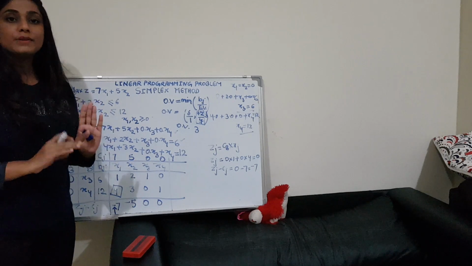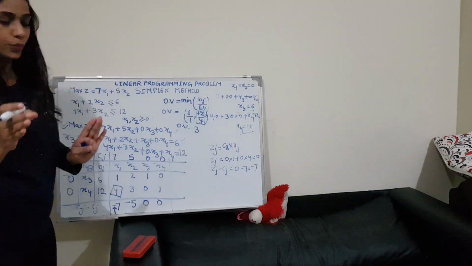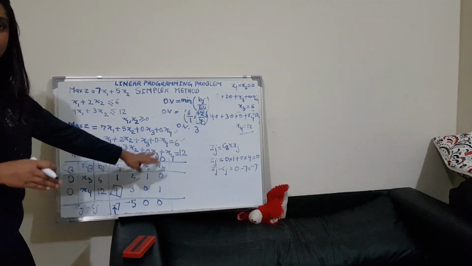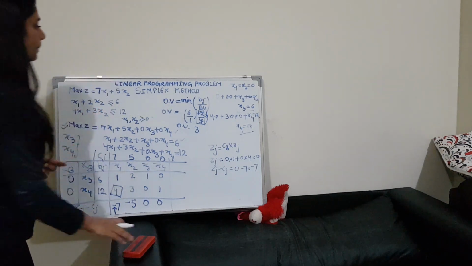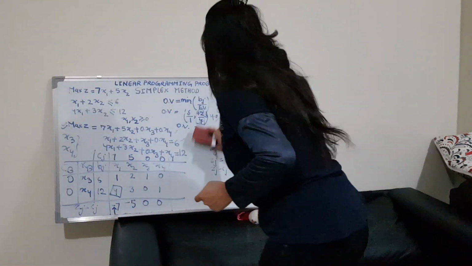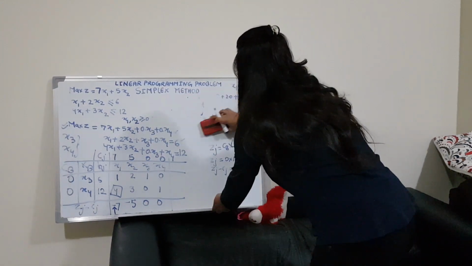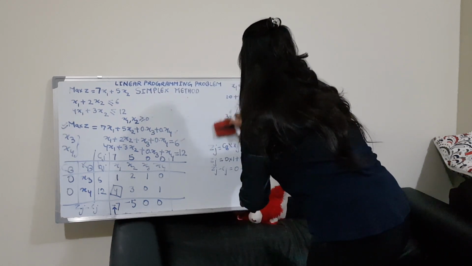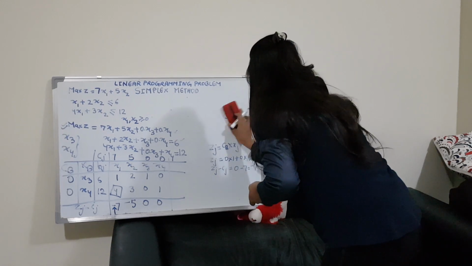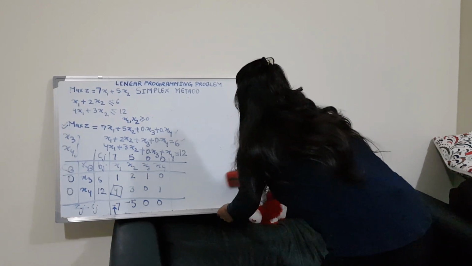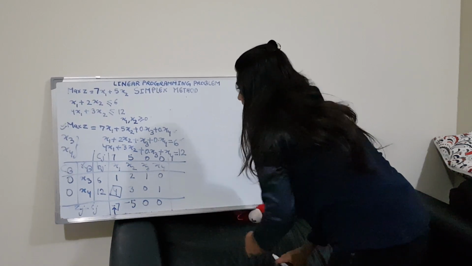Now we will make a new simplex table, or you can say simplex table number 2. So this is simplex table number 1, and now we will make simplex table number 2. I'm rubbing all this. The format is the same for simplex table number 2.